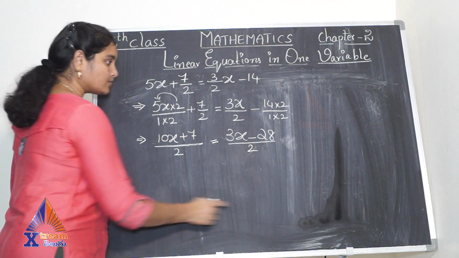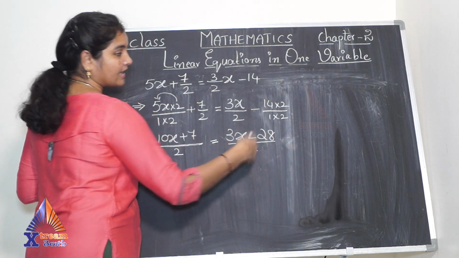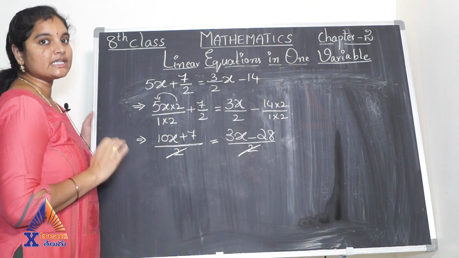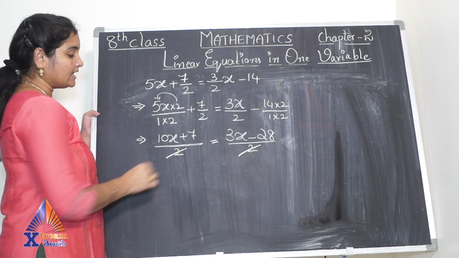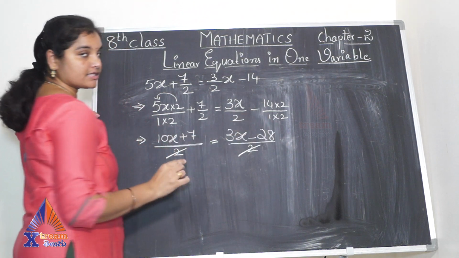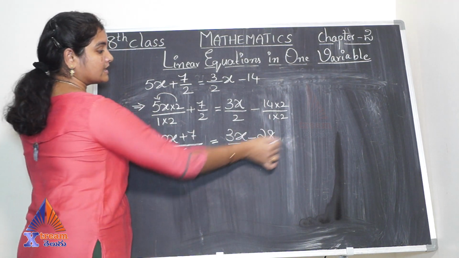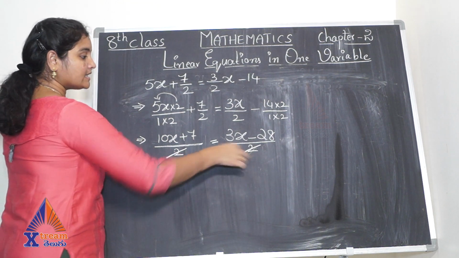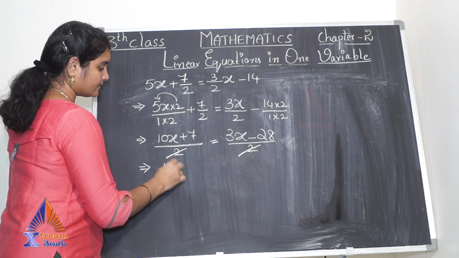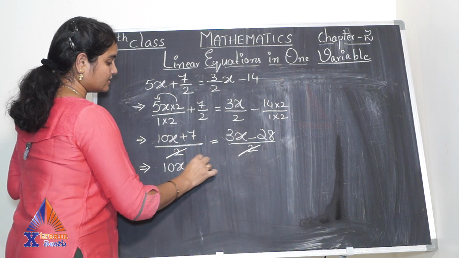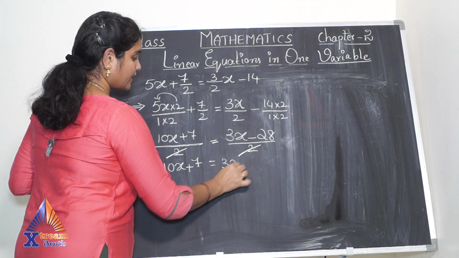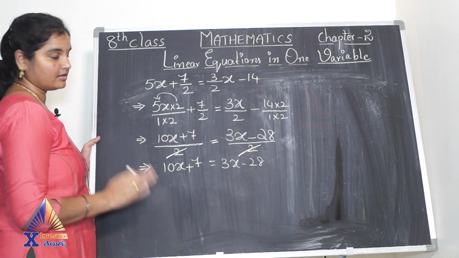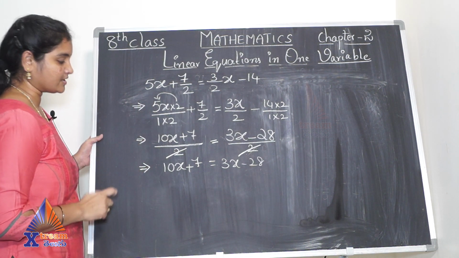Instead of sending this 2 to that side, getting multiplied, and cancelling it, we can simply cancel both the denominators at a time, saying that this denominator when it goes to the other side becomes a numerator, which leads to the cancellation. Now after cancelling the denominators, we are left with 10x plus 7 equals 3x minus 28. Looking much better than the first type of the equation, right?